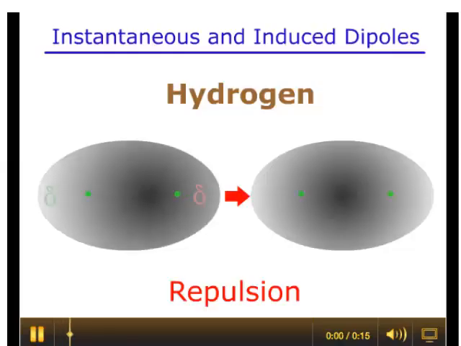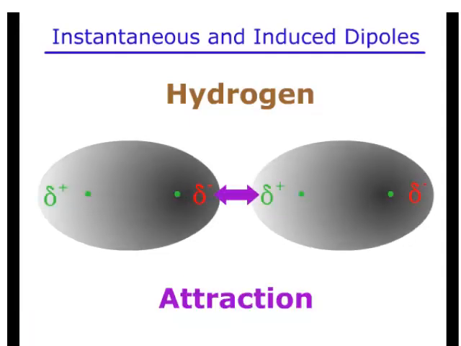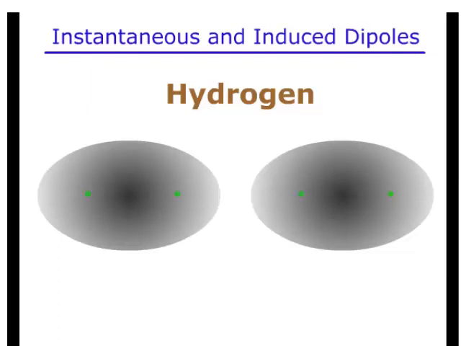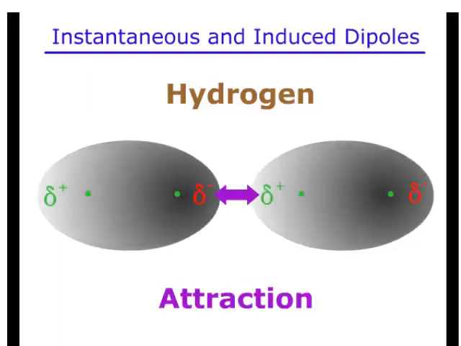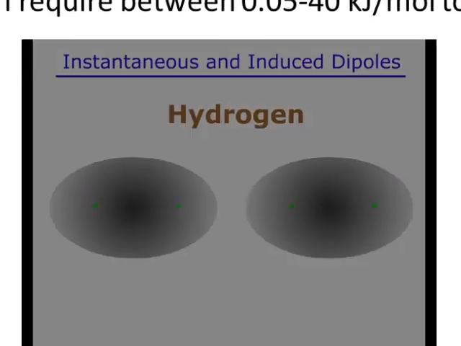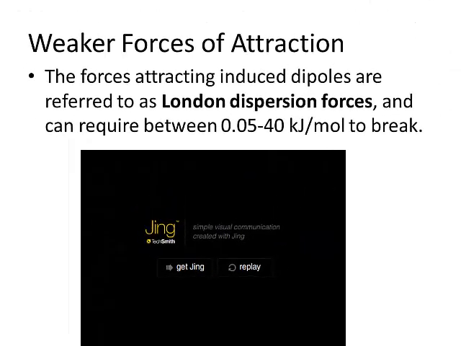If we replay that, as the electrons are moved towards the right side of the molecule on the left, it's going to repel the electrons in the left side of the molecule shown on the right, and therefore you have an induced dipole there as well.